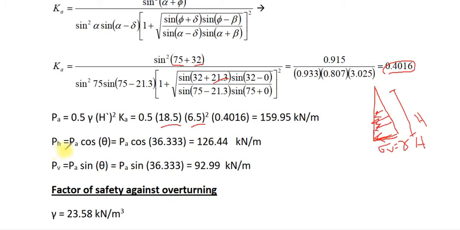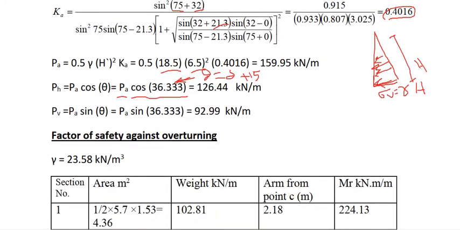Now PH equal to PA cosine theta. Theta, as we mentioned, equal to delta plus 15 equal to 36.3. PV equal to 92.